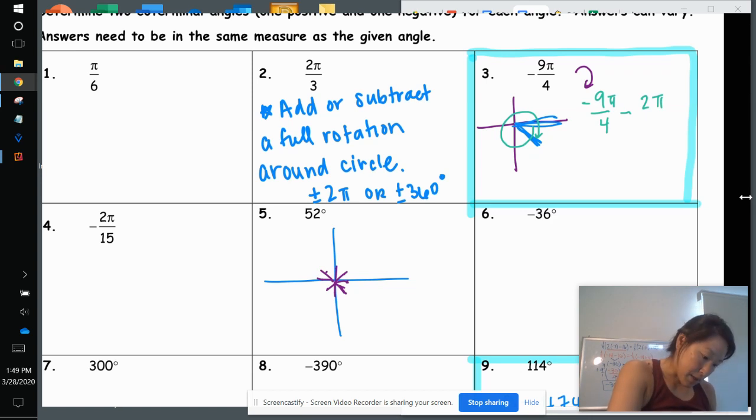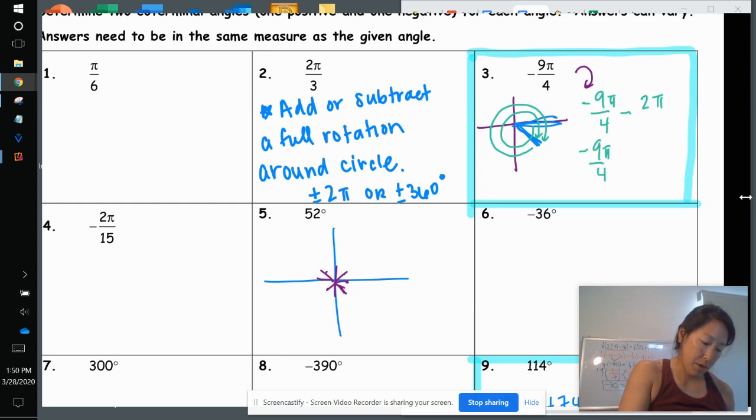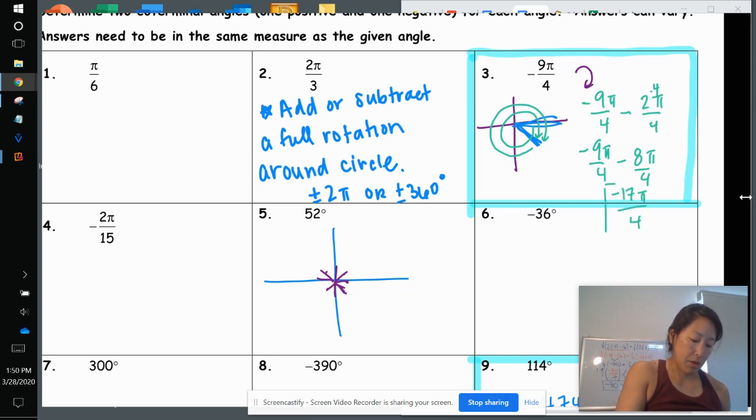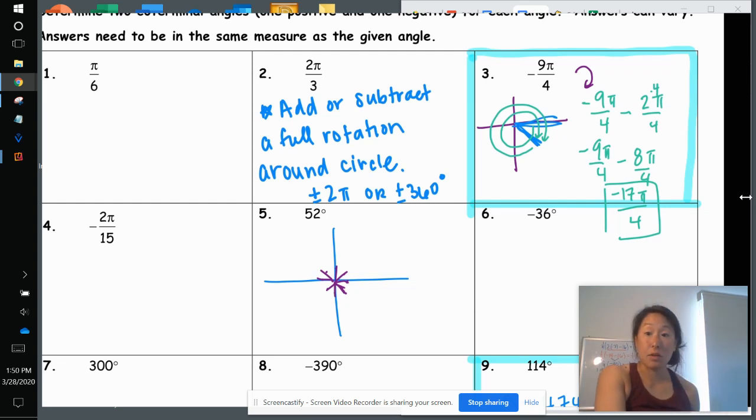So basically, I'm just going to take this arm and spin it around another time, which is my negative 2 pi. So negative 9 pi over 4 minus, let's see, multiply by 4 gives me 8 pi over 4. Add those together, 9 plus 8, 17, negative 17 pi over 4. That is a coterminal angle, a negative coterminal angle.